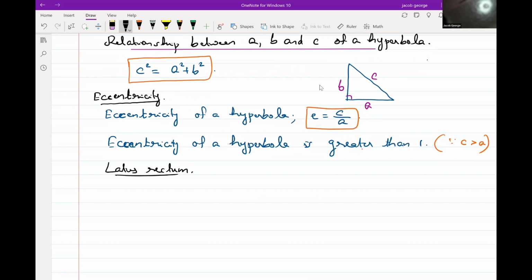In ellipse we studied, in parabola also we studied. It is the line segment passing through the foci, and it is perpendicular to the axis of the ellipse or parabola. In hyperbola it is the same. It will be perpendicular to the transverse axis and it will pass through the foci.